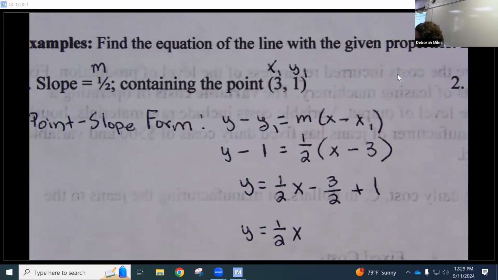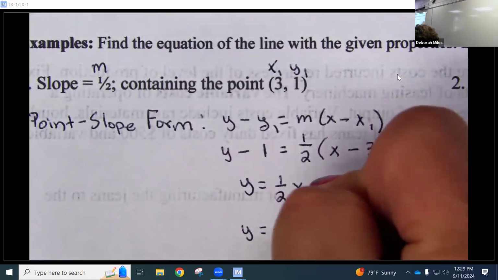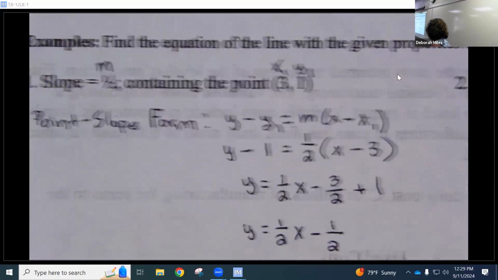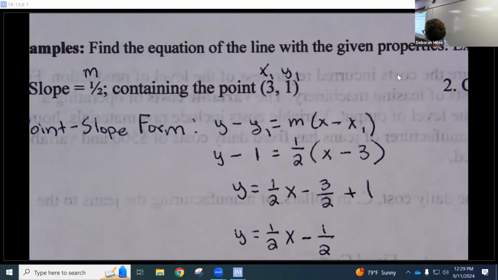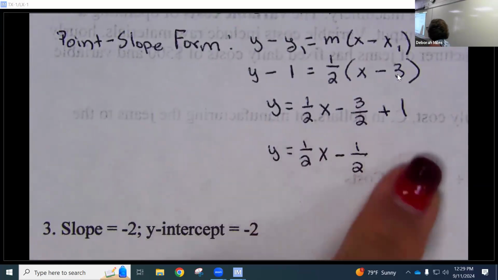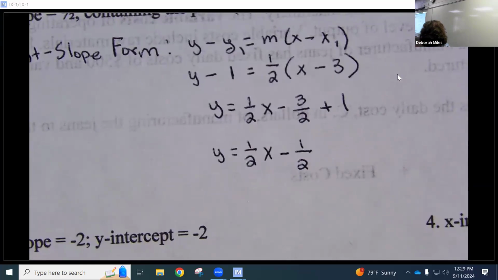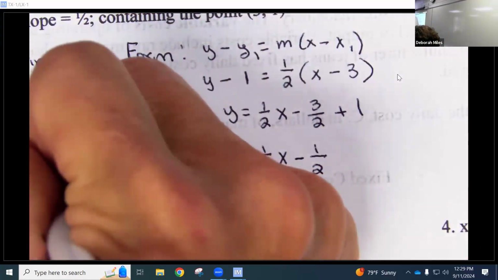In my happy bubble, all of you can add -3/2 plus 1 in your head. But if that's not accurate, then you need to know how to punch -3/2 plus 1 on your calculator. And if you don't, come up here after class with your calculator and I'll show you how easy it is. I want you to miss one just so you don't add fractions in your head or enter them on your calculator. That's my answer in slope-intercept form.